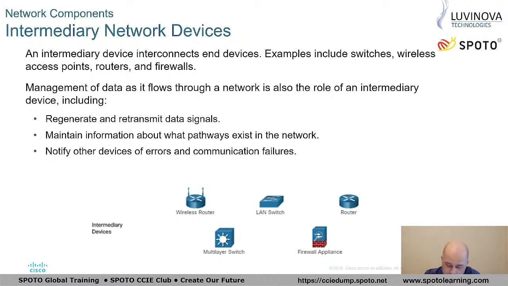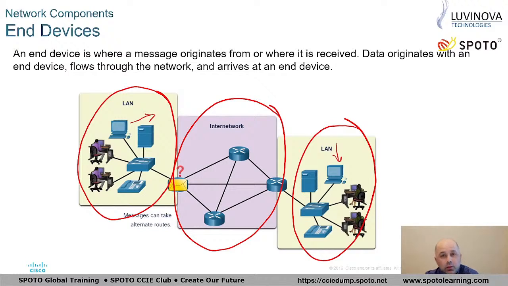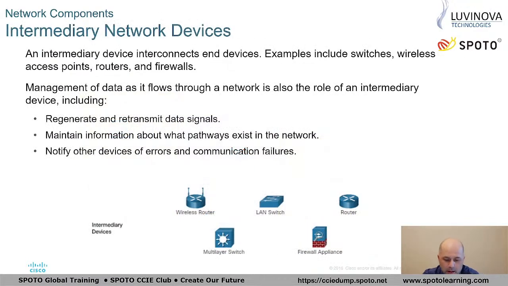In this internetwork, we have many devices. We call them network devices. Those network devices we're going to talk about further: LAN switches, routers, multi-layer switches, and wireless routers, as well as firewall appliances.